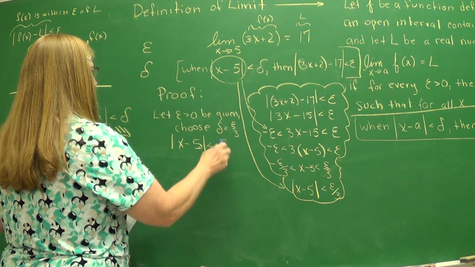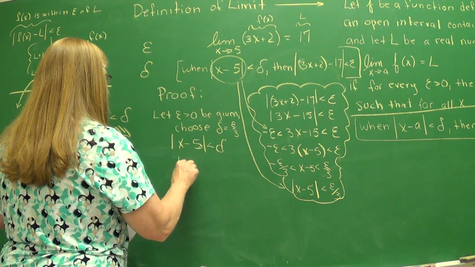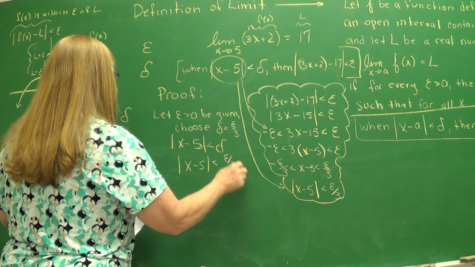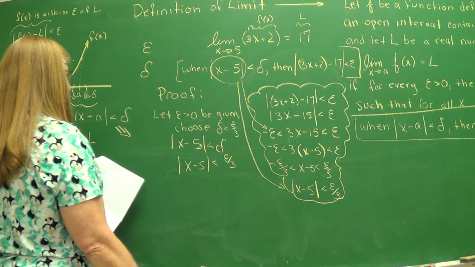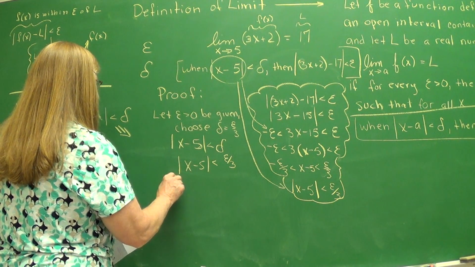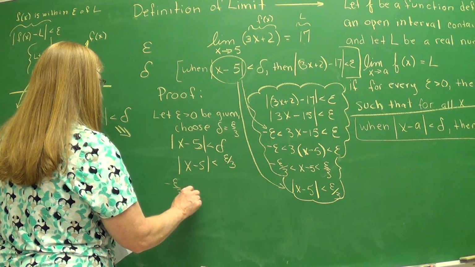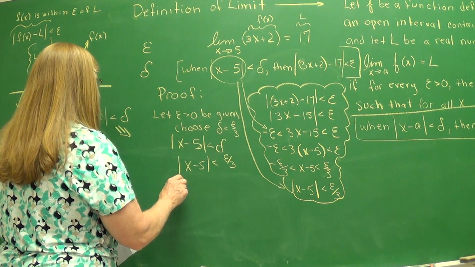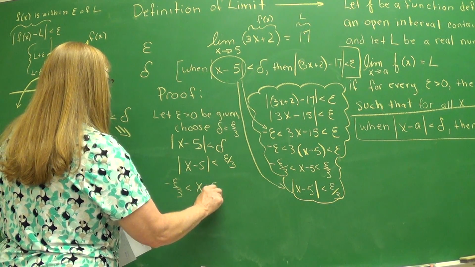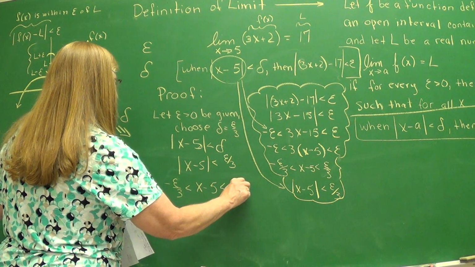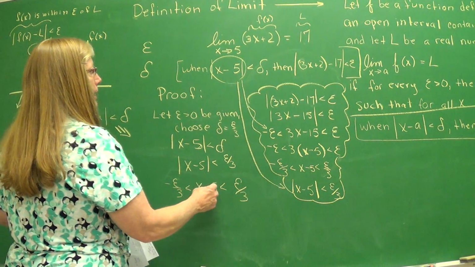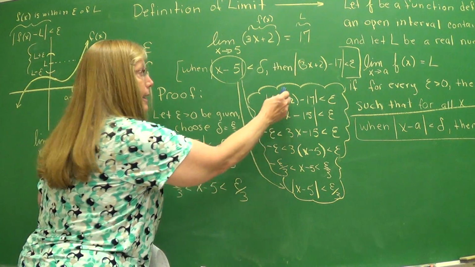And I'm going to use this substitution. Instead of delta, I'm going to use epsilon over 3. And I'm going to remove the absolute value sign. Remember, that creates a negative epsilon over 3 is less than x minus 5, which is less than positive epsilon over 3. And now I'm trying to get this to look like this.